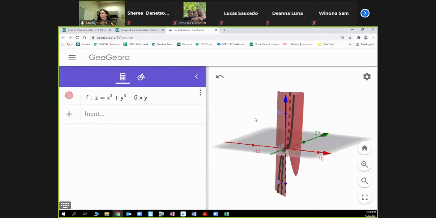Okay, so this one is going to be pretty weird looking. This function has 2 critical points. This is actually example 2 from the book on page 445. So we're not going to go through solving it, but we could. But it has 2 critical points.